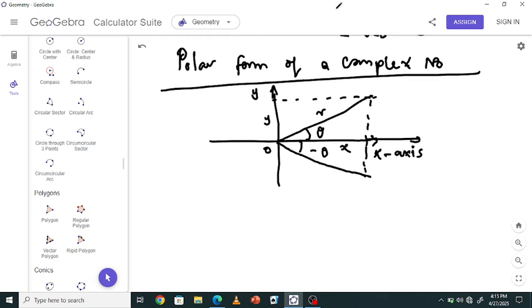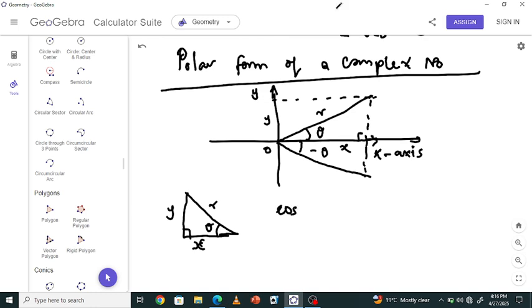And now when this angle goes to 90 degrees, we know SOHCAHTOA. We have theta here, we have our y, we have our x, and this makes 90 degrees, and this is r.